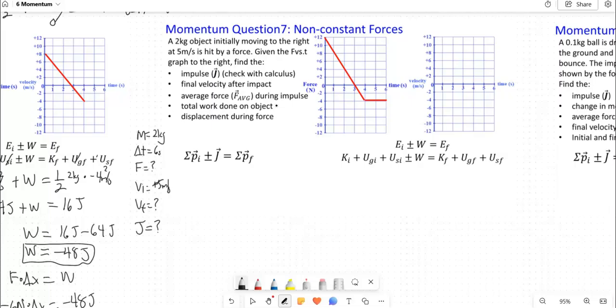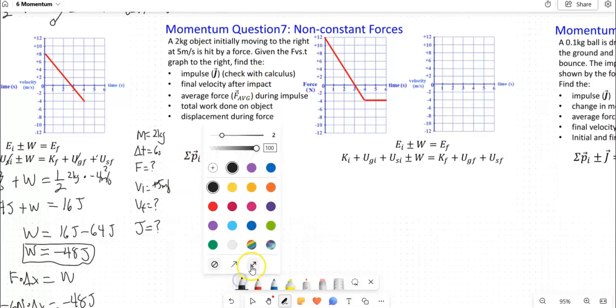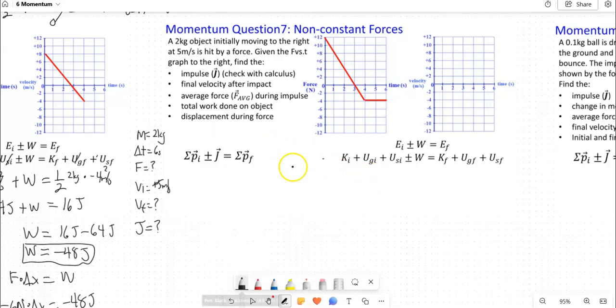And to do this, we need to start with momentum. We can't start with energy because we don't know the final velocity, and the only way I could see of getting the final velocity is from momentum, because we're given a force versus time equation. So here we go.